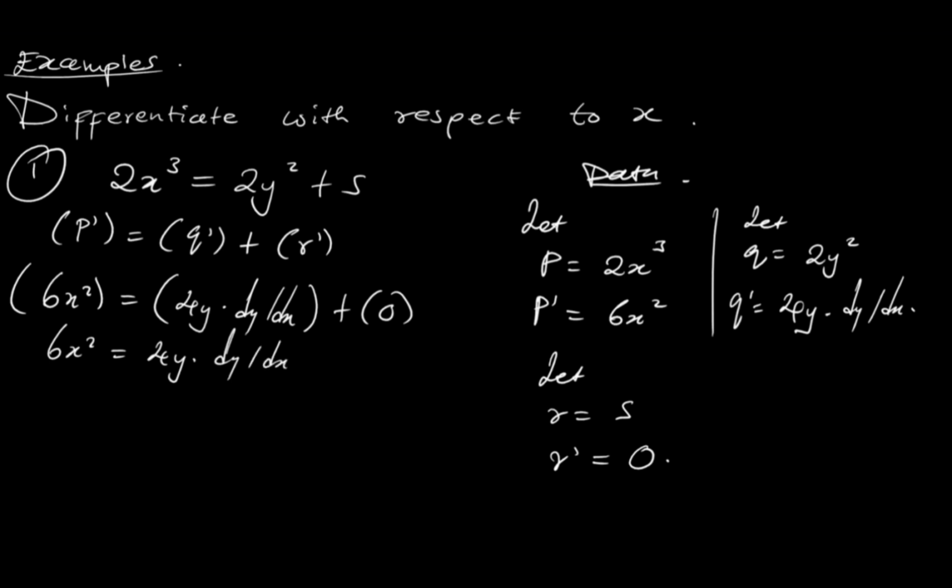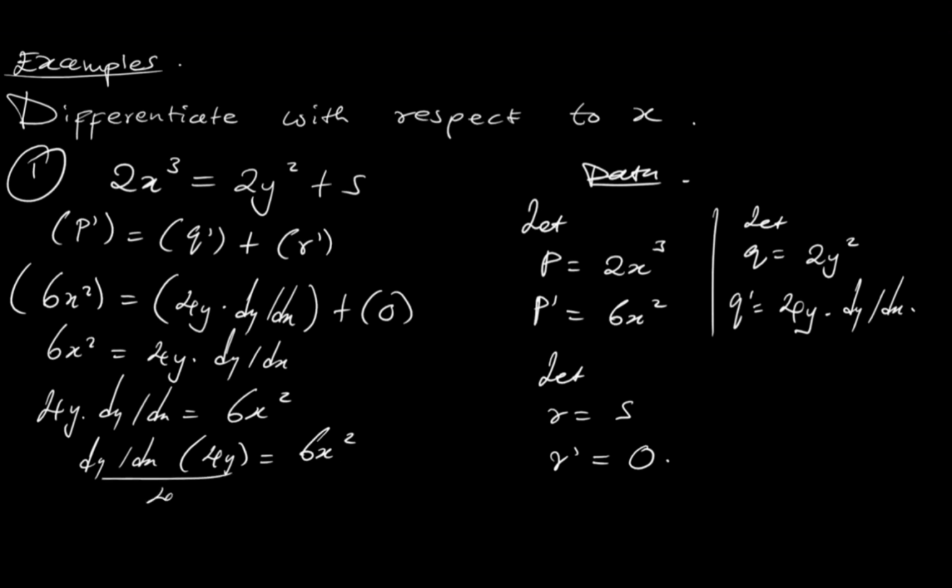So 6x squared is equal to 4y times dy over dx. This is the same as writing 4y times dy over dx being equal to 6x squared. If we factorize, we'll have dy over dx times 4y being equal to 6x squared. We can divide both sides by 4y.